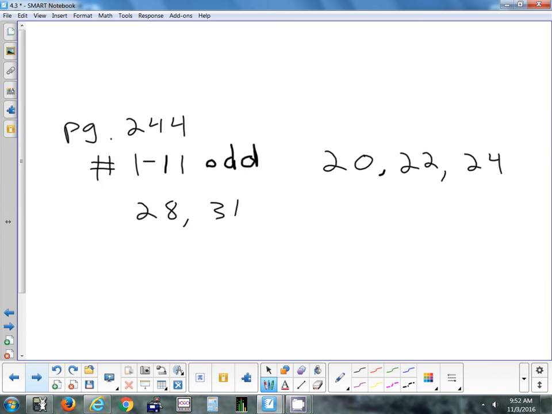And you could also skip 22. Okay? So 1 through 11 odd, 20, 24, 28, and 31. So it's probably like 9 or 10 problems.